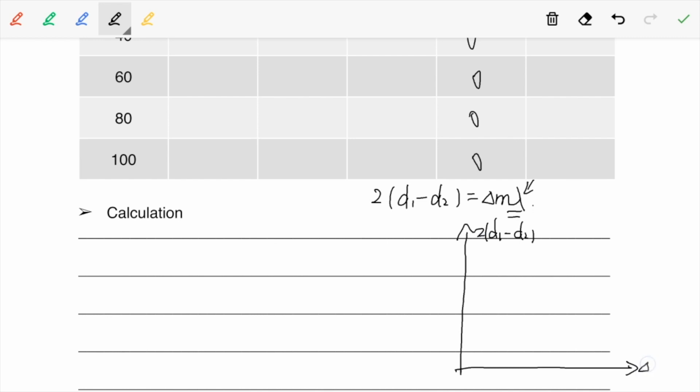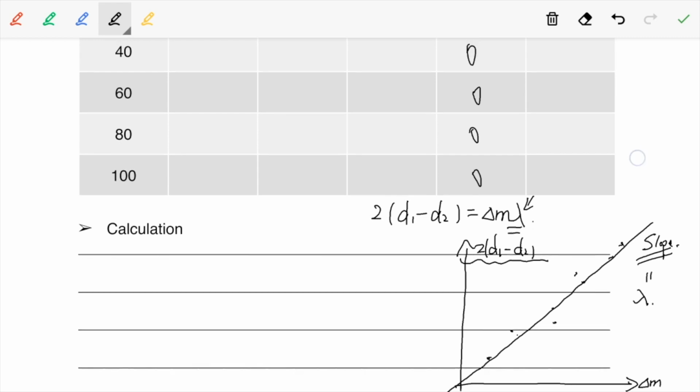Then delta m here, and you get several dots like this, and you plot a line. Finally, calculate the slope of this line. The slope equals lambda only if you define the axis as 2 times d1 minus d2. Okay, only in this case.